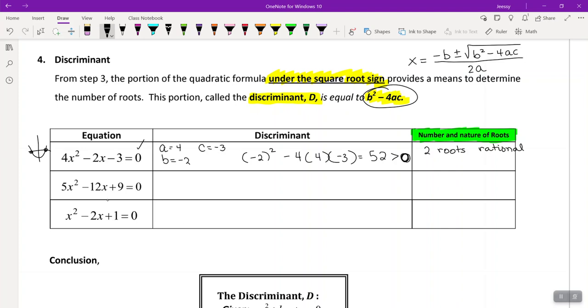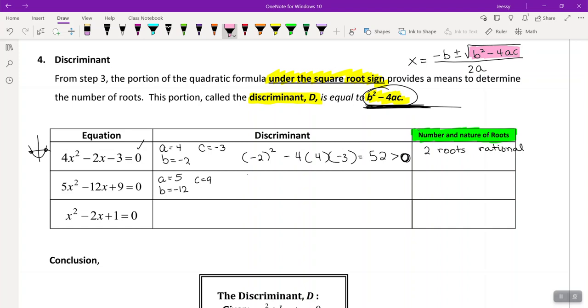All right, this one, let's calculate the discriminant. In order to do that, we need to identify A, B, and C. Once again, the discriminant is this part right here, and you can get it straight from the quadratic formula.